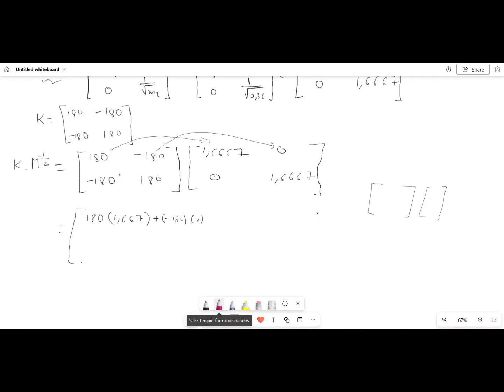You go this one here multiplied by this plus this multiplied by this. After the class, I will take the formula sheet of the matrix 2 by 2 and share. We have 180 multiplied by 1,667 plus 180 multiplied by 0. This makes the other row at the bottom.